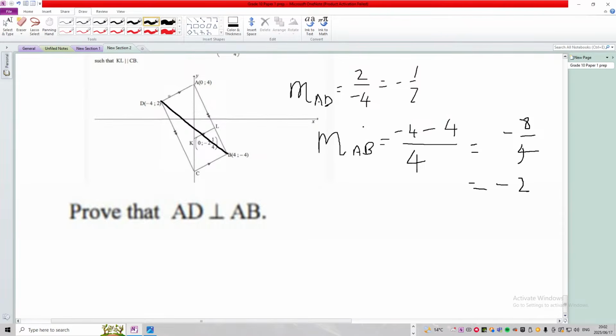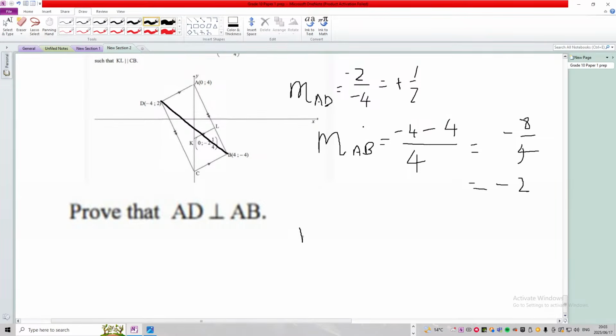Let's just double check the gradient of AD. The gradient of AD is 2 minus 4, which is minus 2, and then minus 4. Yeah. So this is going to be plus half.